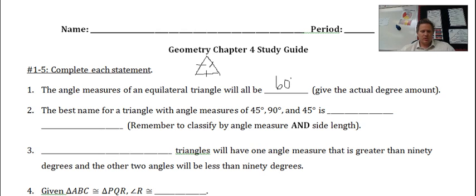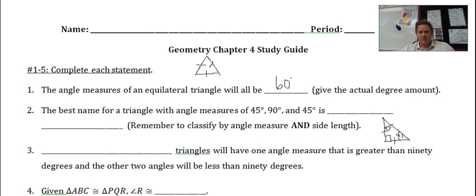The best name for a triangle with the angle measures of 45, 45, and 90. So obviously it's a right triangle. So that's as far as classifying the name. And we also have, if it's 45 and 45, remember the base angles right here are the same, which means that these two sides are congruent.